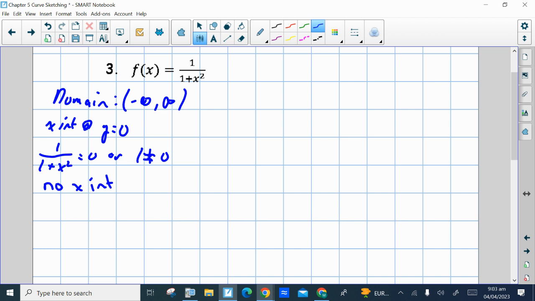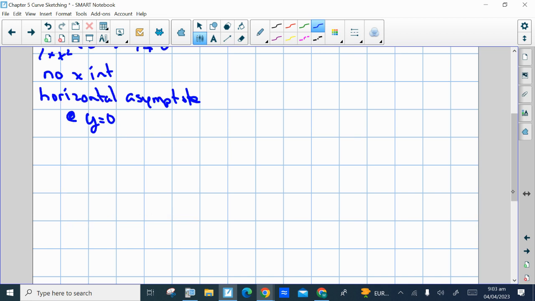Because the x-axis will be a horizontal asymptote. We'll have a horizontal asymptote at the line y equals 0. But there is no vertical asymptote because there are no non-permissive values.